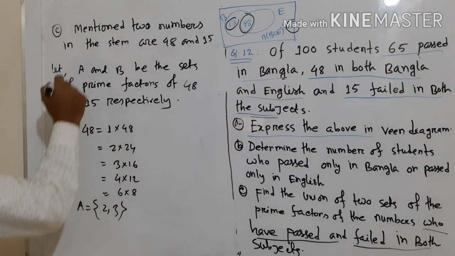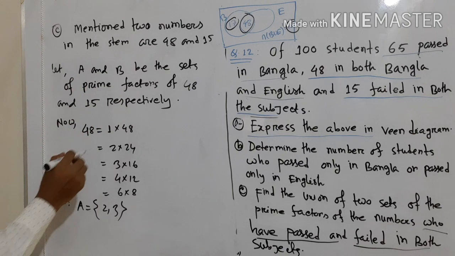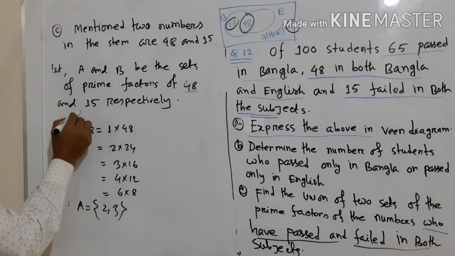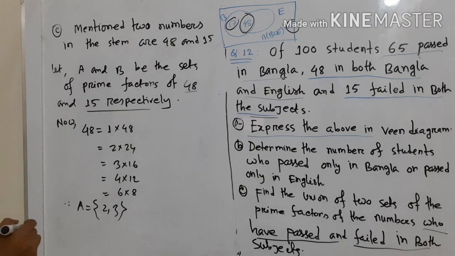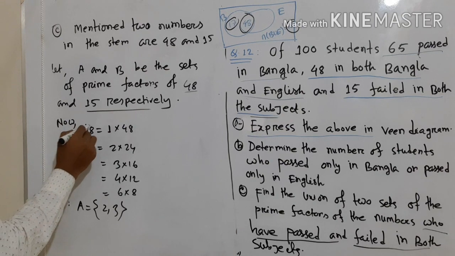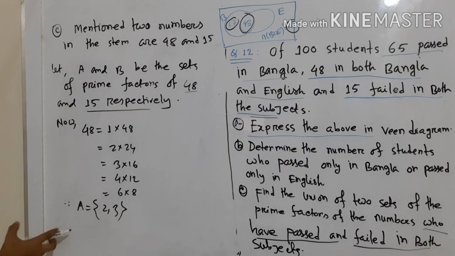So let A and B be the sets of prime factors of 48 and 15 respectively. Now, the factor procedure of 48 is this. So here we see that 2 and 3 are the prime factors of 48. So the set A equal to 2, 3.